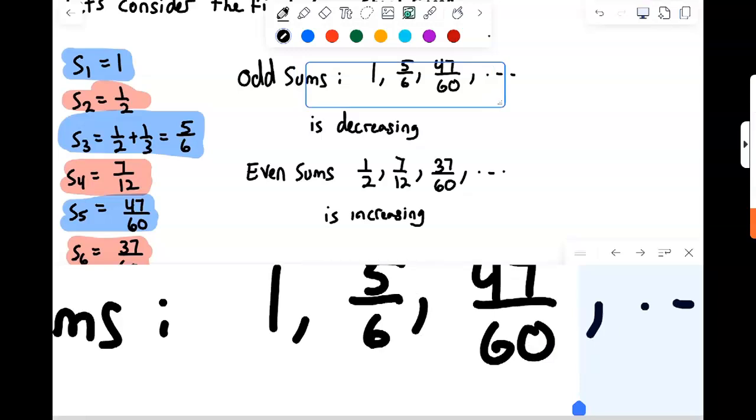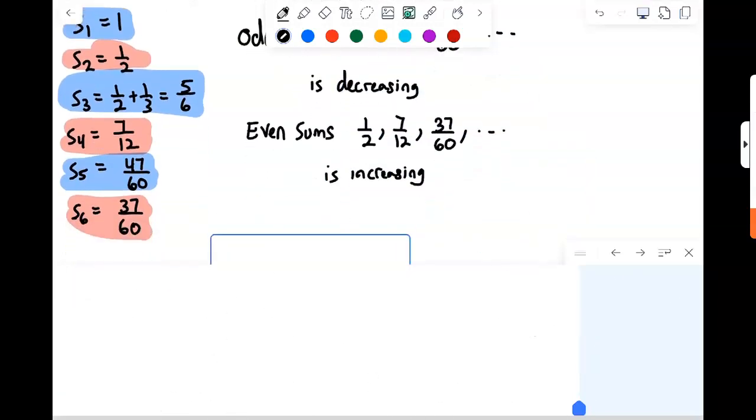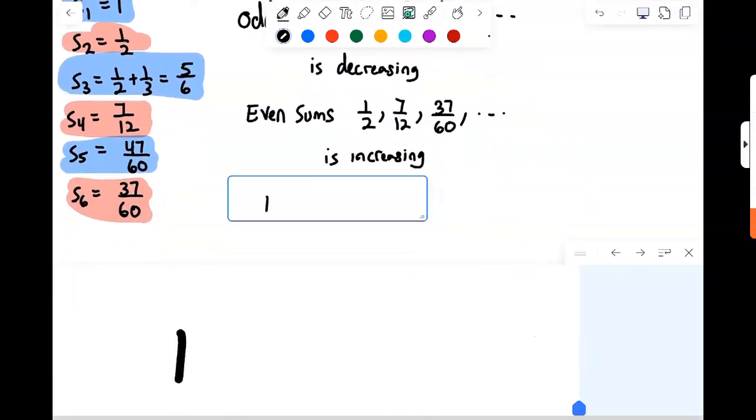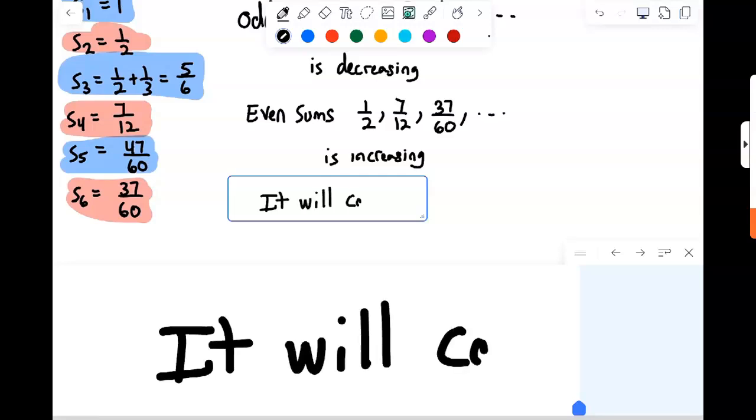And of course, they have to converge to the same thing. So therefore, the alternating harmonic series will converge.